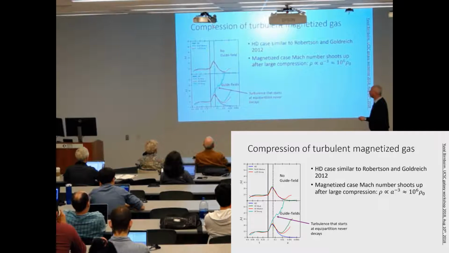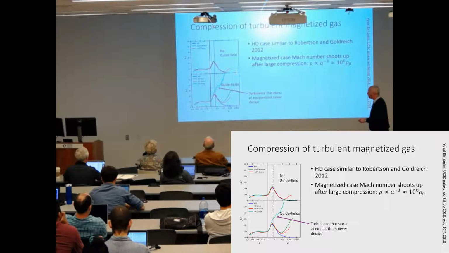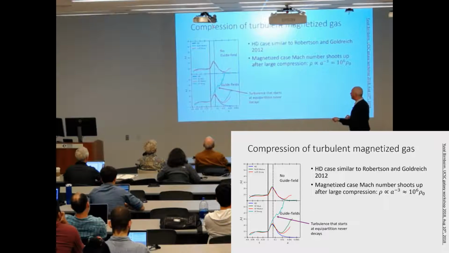So this is one of the plots that I'm going to show you. That's the Mach number as a function of time. The black solid line here is the end of the initial driving phase. So anything here is just the driving phase. We let it settle down. And then at some point, we stop the driving and start the compression. And then we can see the scale factor of the compression here.